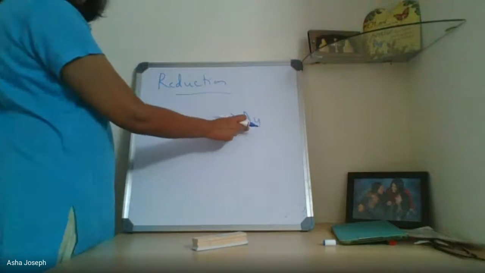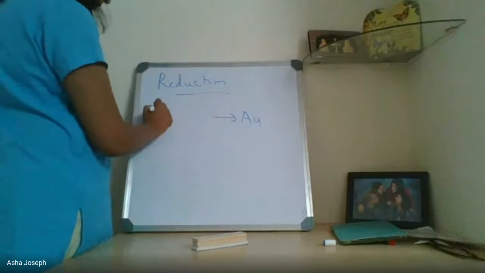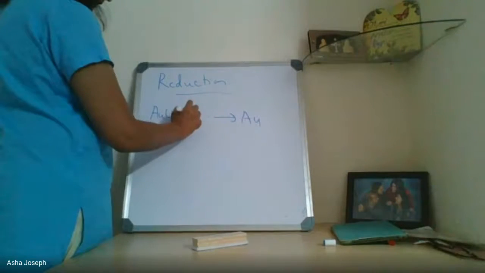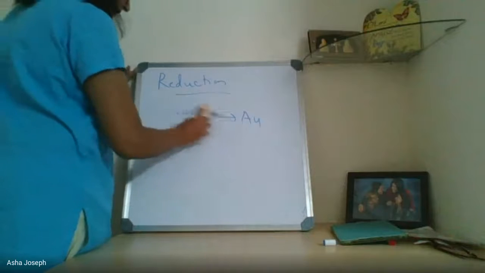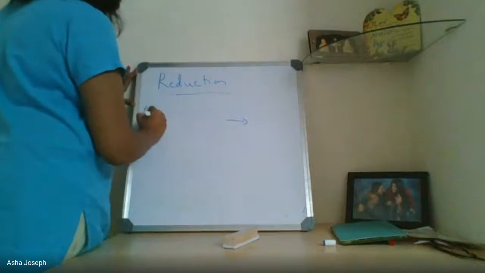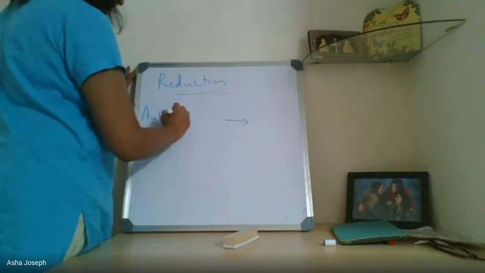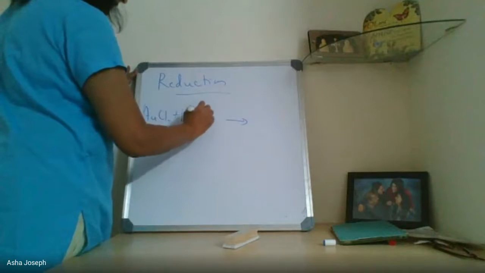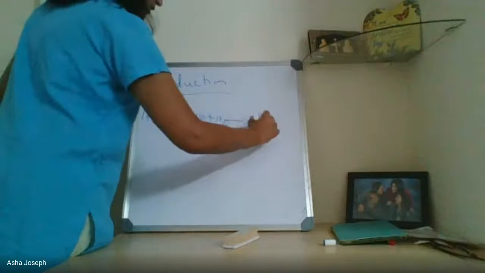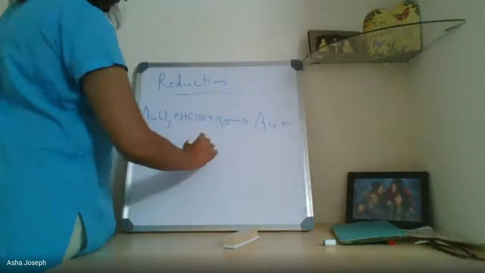So you have to take a gold compound, that is auric chloride, plus formaldehyde is the reducing agent. Auric chloride plus formaldehyde plus water. You will get gold sol plus.